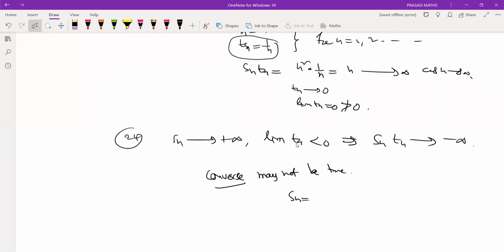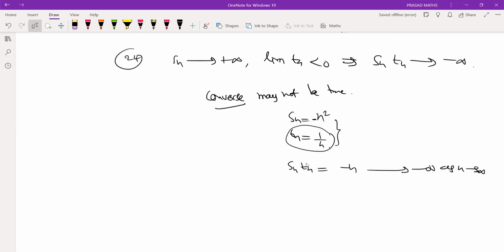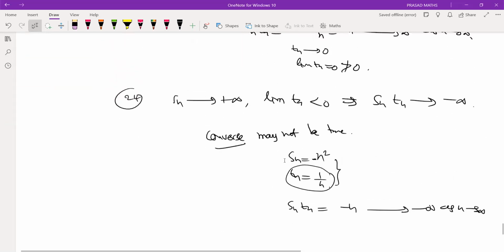Suppose you take Sn equal to n square, or minus n square, and Tn equal to 1 by n. Then Sn into Tn is minus n, which diverges to minus infinity as n tends to infinity. But Tn again converges. So this is also an important thing.